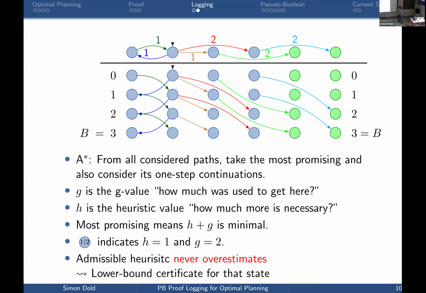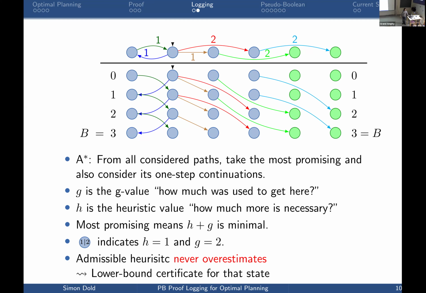Maybe I should have said this earlier. Heuristic means in the planning sense something else than in the SAT-solver sense, because a heuristic is for us a function that takes one state and maps it to one number that we can use as a goal distance estimate.